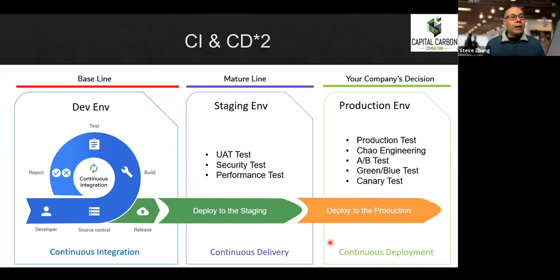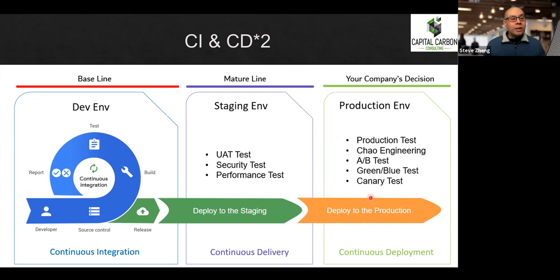Okay, and the right part here, continuous deployment, extends continuous delivery even further. It deploys the code to the production environment and runs the production testing. Remember on the last slide, I said you test in your production. Continuous deployment will trigger the production testing process.